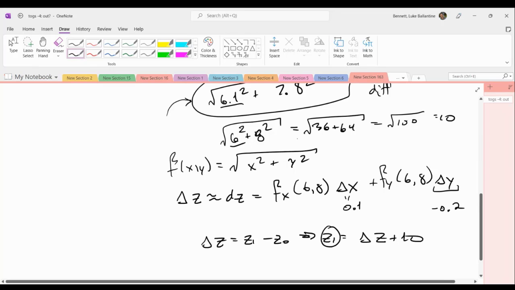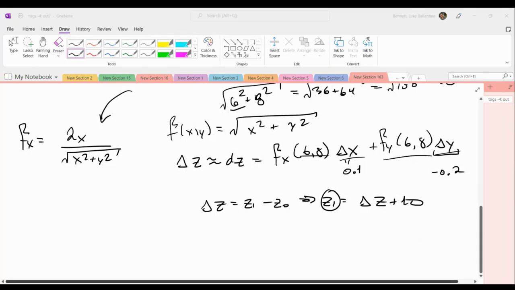You just calculate these partial derivatives, like f_x would be 2x over the square root of x squared plus y squared, and the same thing for f_y. Then you just do function evaluation. You plug in 6 and 8, and then multiply by delta x. Then you do the same for y, multiply by delta y, and that's the answer.